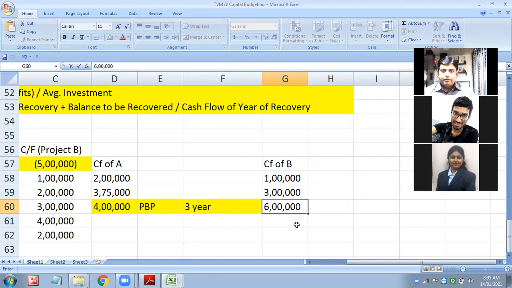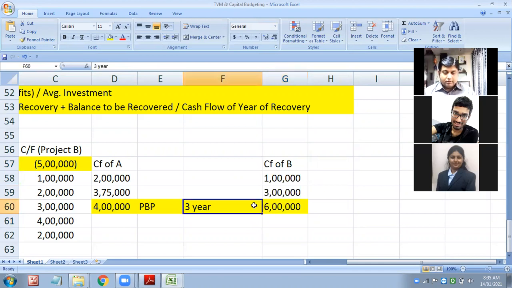Agreed or not? Yes, sir. So my recovery lies between the second and third year. Why? Because my investment was 5 lakhs, but I am able to recover 6 lakhs. Yes or no? The 5 lakh is between the second year and the third year.